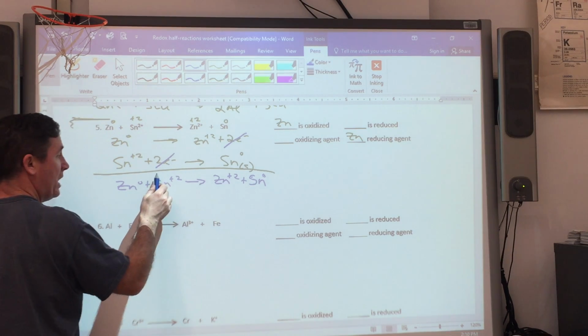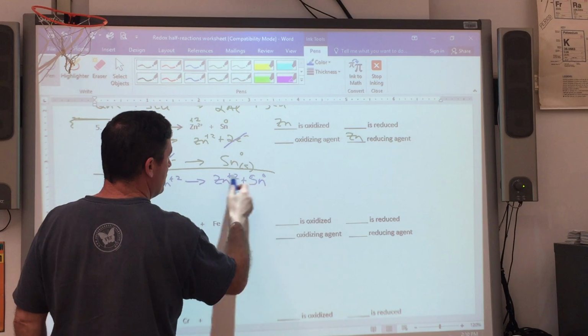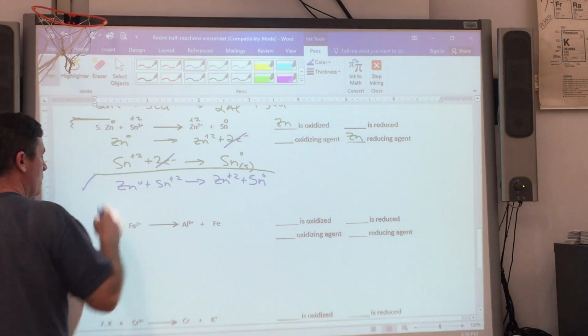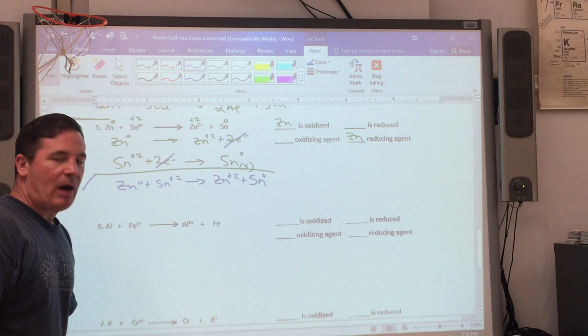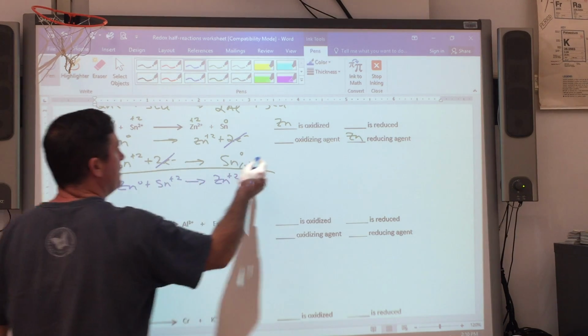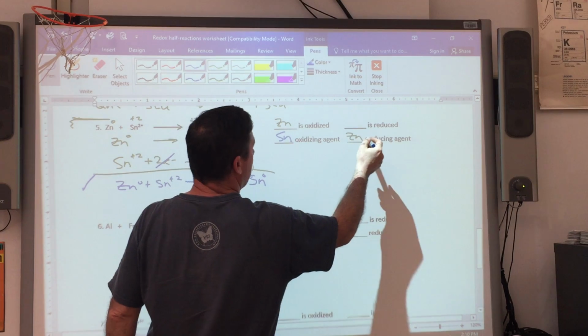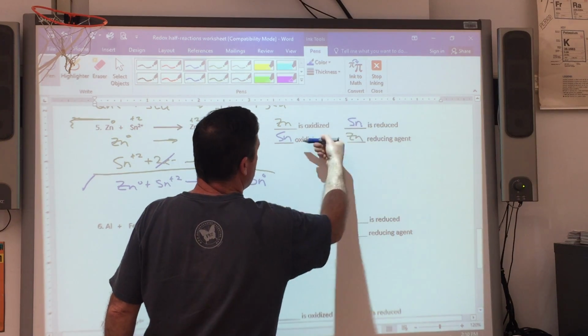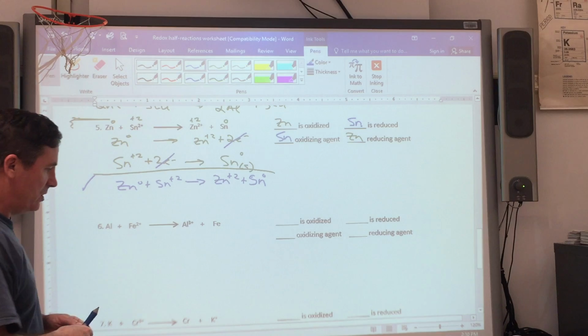Positive 2 plus 0 is positive 2. Positive 2 plus 0 is positive 2. We're done. Okay? I'll post the other 3. Oh, what's getting oxidized here? Must be the tin. And if it's getting reduced, that makes it the oxidizing agent.